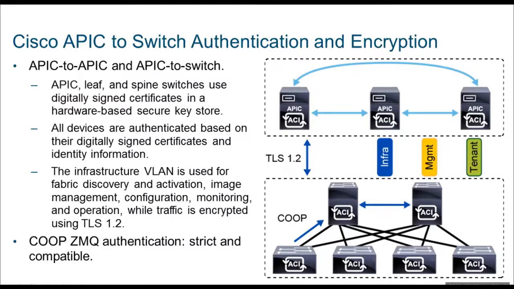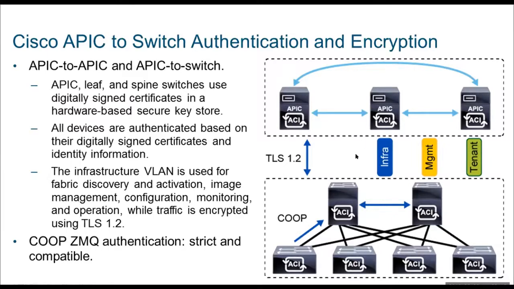They are also pretty good. They are embedded on the motherboard, so you can store certificates in there. At the time of manufacture, Cisco does store certificates in these hardware modules. So in the Act 2 HSM, which is on the switches, as well as in the TPM, they are digitally signed and stored and, of course, encrypted at the time of manufacture.